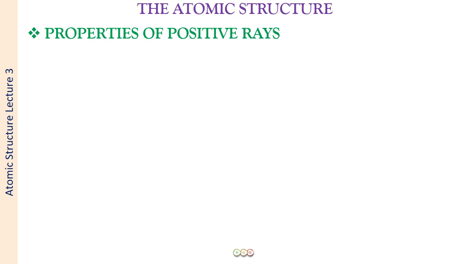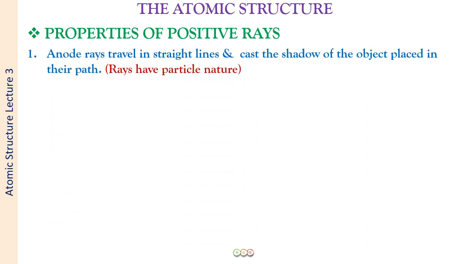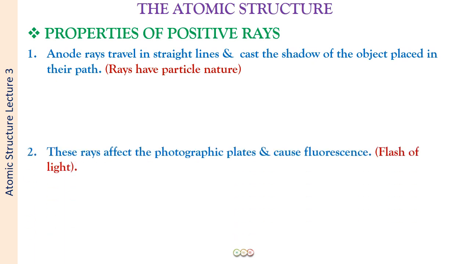So the properties of these positive rays or the anode rays are essentially quite similar to that of the cathode rays. First being that the anode rays travel in straight lines and cast the shadow of the object placed in their path, showing that these rays had particle nature.